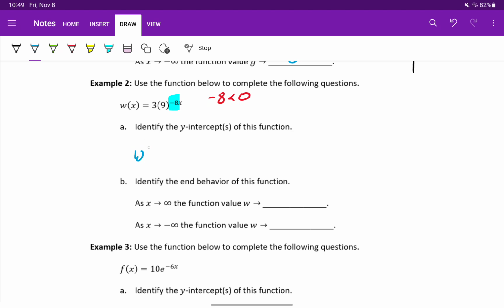To find our y-intercept, again what we'll do is set x equal to 0, which will give us 3 times 9 to the 0 power, because negative 8 times 0 will just be 0, or 3. Again, that y-coordinate matches up with our initial value. And our y-intercept will be the point 0, 3.